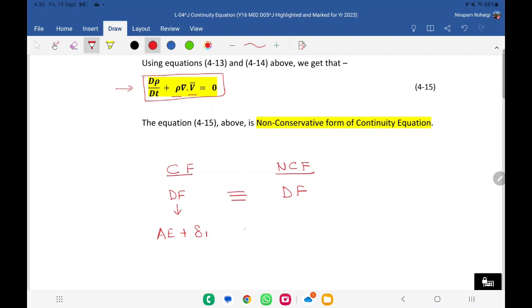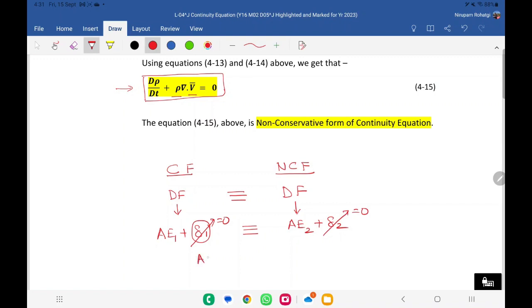On this side you get an algebraic equation plus delta 2. Now what you do, you ignore these.